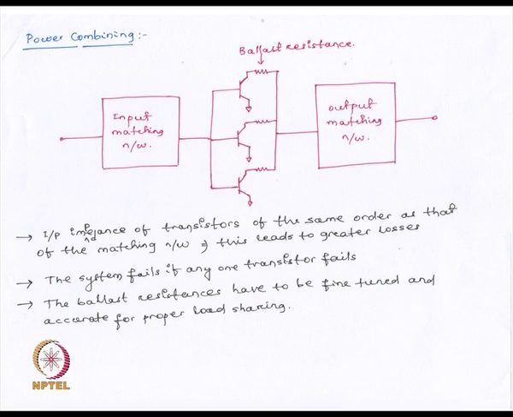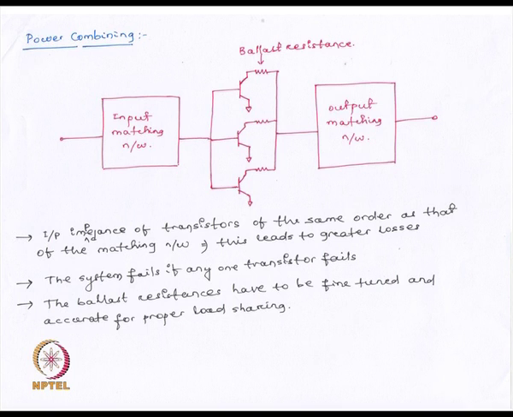So, if we could have individual amplifiers which individually amplify the signal, and then at the output we combine the various powers, then that would improve the linearity of the circuit.